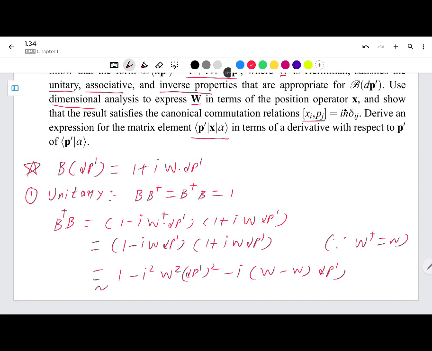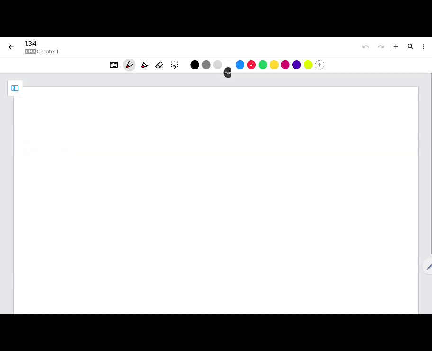So this is roughly 1, and this is of order dp prime squared, which is almost 0. B dagger B is almost 1.